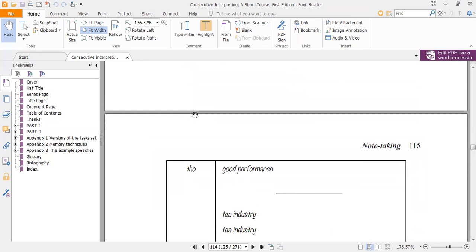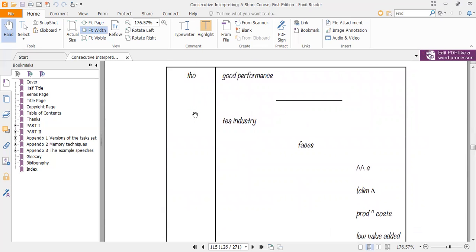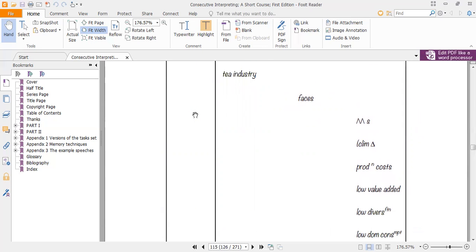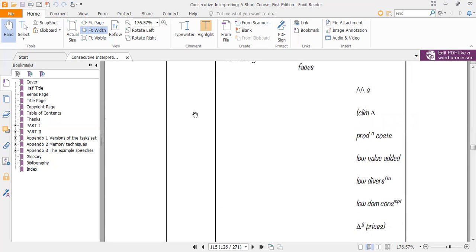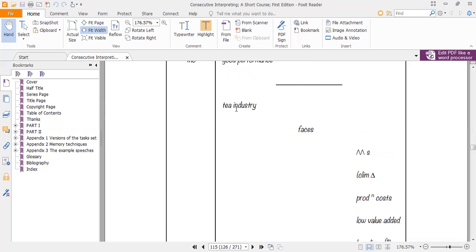Writing the idea between brackets means that this idea is less important, less emphasized than other ideas. Okay, look at this. These ideas, as you see, are written between brackets. That means they are less important than the tea industry and faces.